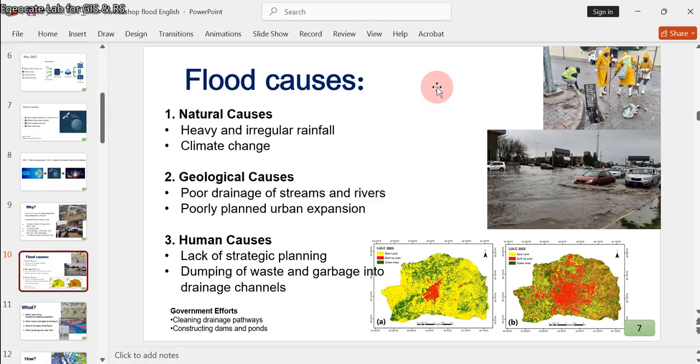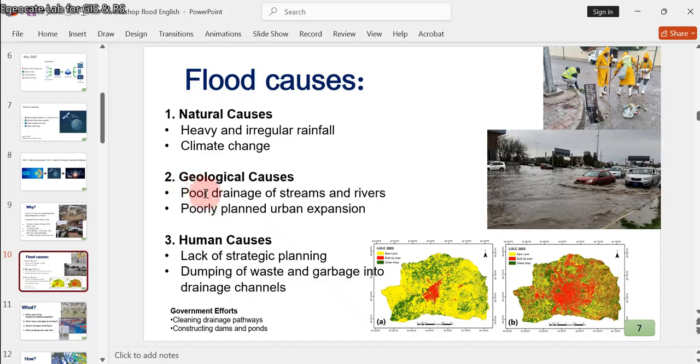The first one is natural causes, for example, heavy and irregular rainfall patterns, and climate change, which has a huge impact. But also there are some places which have the same heavy rainfall and climate change impact, but due to their geological characteristics, some places may be more affected by floods than other places, which may have the same environmental characteristics or rainfall patterns.